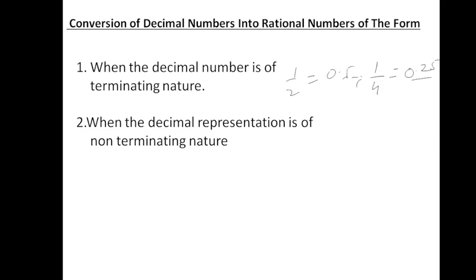After 5 no more numbers, after 0.25 no more numbers. So that is an example of a terminating nature.